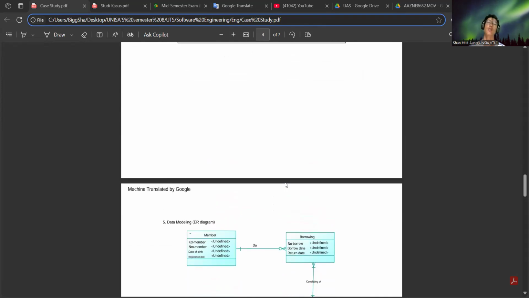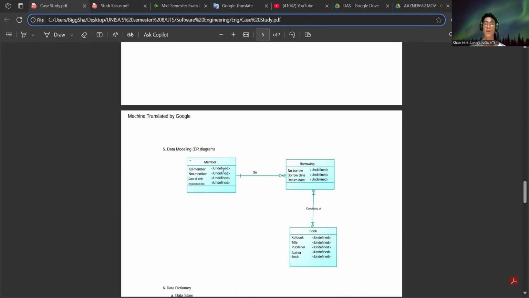So after drawing the data flow diagram, we can make the data modeling like this. There are three entities: member data, borrowing data, and book data.